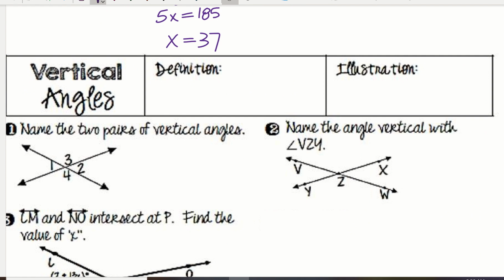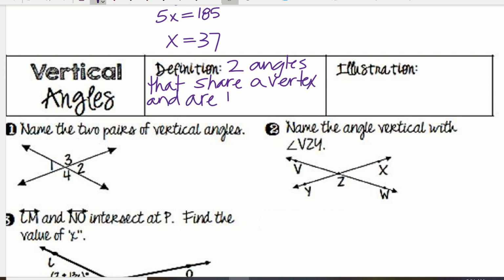Vertical angles, definition of vertical angles: 2 angles that share a vertex and are formed by opposite rays. So remember that opposite rays are 2 rays that share an endpoint and go in an opposite direction.